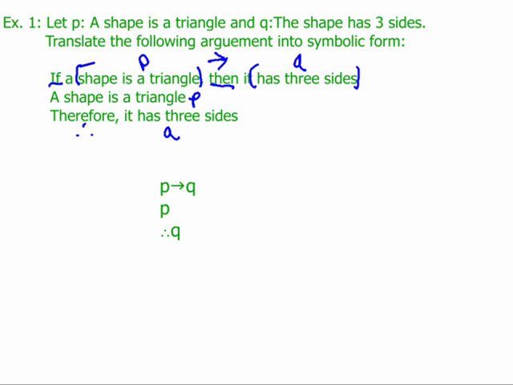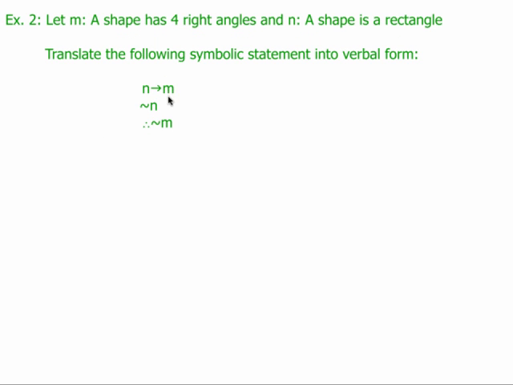All right, let's take a look at another example. This example says, let M be a shape has 4 right angles, and N be a shape is a rectangle. I want to translate this symbolic statement into verbal form. So this is a little different. Let's see what we've got here.